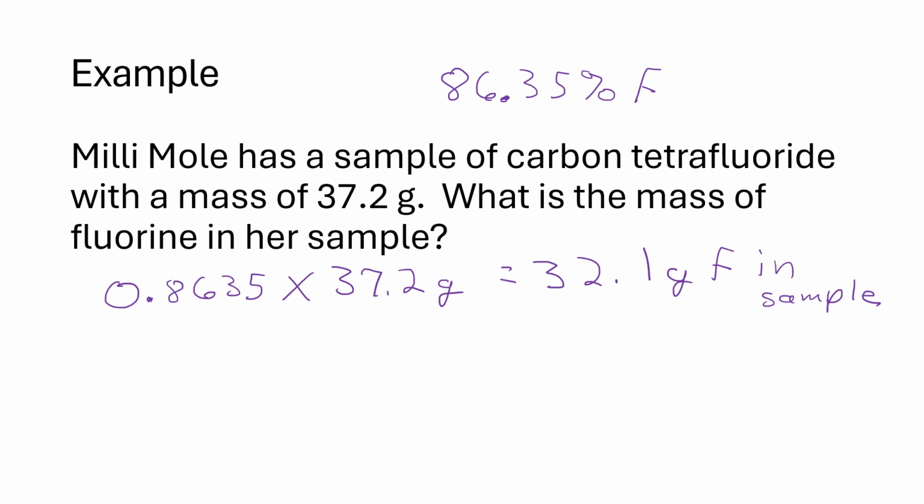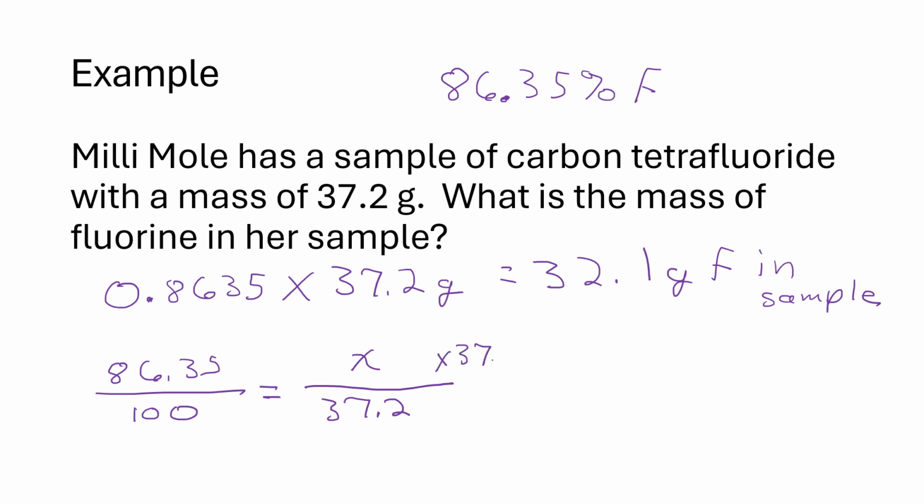Another very common way that I see people do this is they'll say, okay, 86.35% means 86.35 out of 100, and that has to be equal to the same ratio for our compound. We're looking for the mass of fluorine, so that's the top part, and the mass of the whole sample is 37.2, and then students cross multiply and divide, or actually on this one all you have to do is multiply times 37.2 on both sides, right?